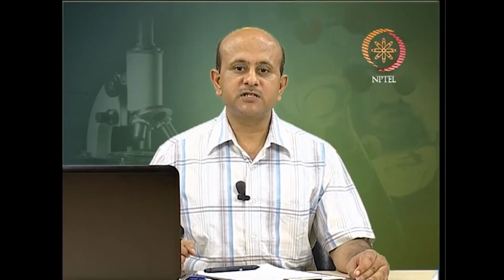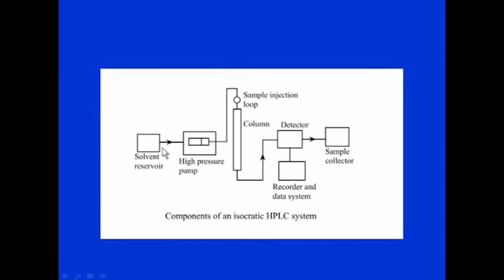A very simple schematic of the different components of an isocratic HPLC system: what you have is a solvent or eluent reservoir, then there is a high pressure pump. We will discuss how these are different from a simple peristaltic pump.